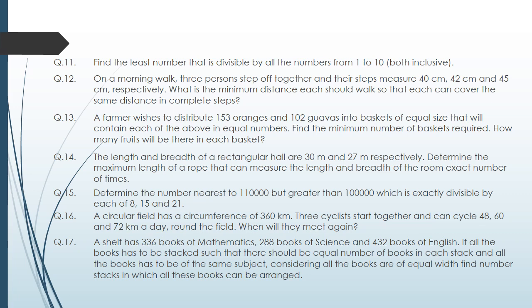So what we need to do is to find LCM of the given numbers. LCM of the numbers from 1 to 10. So you will be doing it by prime factorization. It will be very easy by power method if you are doing. So you will find the answer very easily if you go with the power method. You need to factorize all the numbers from 1 to 10.